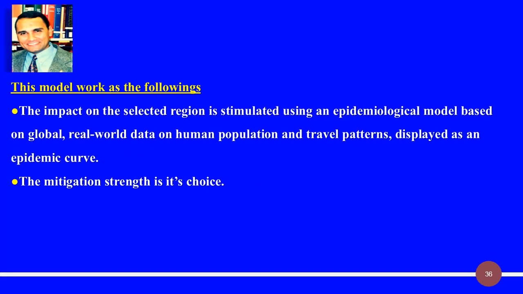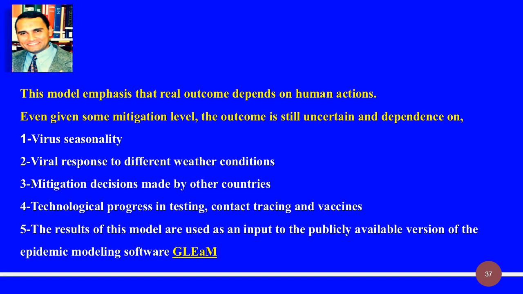This model works as the following. The impact on the selected region is simulated using an epidemiological model based on global, real-world data on human population and travel patterns, displayed as an epidemic curve. The mitigation strength is its choice. This model emphasizes that the real outcome depends on human actions.